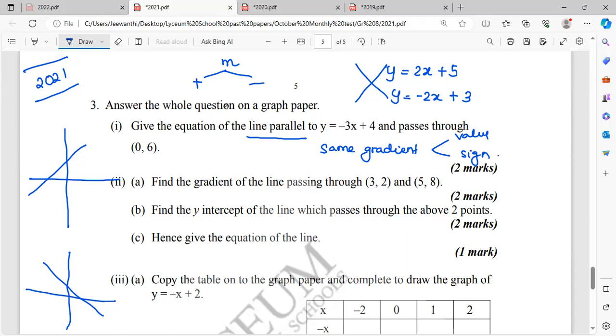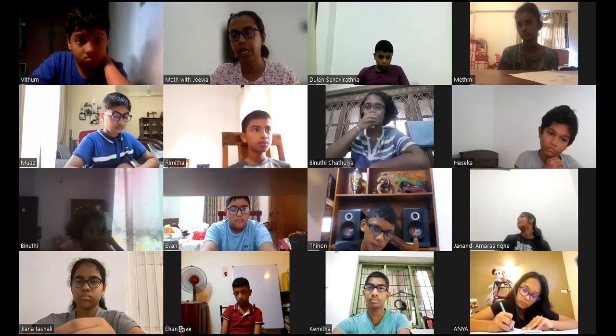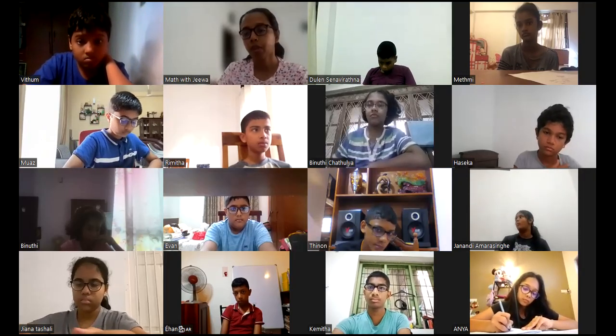Now looking at this equation, y equal negative 3x plus 4, definitely the second line which is parallel to this should start with negative 3x. That is done. But we don't know the c part, at which point it cuts the y-axis. But they have given that information, right? So then we will move to the whiteboard and see what we can do.